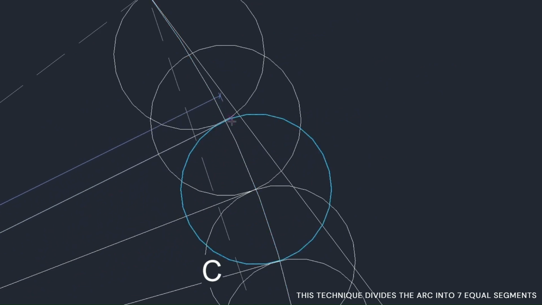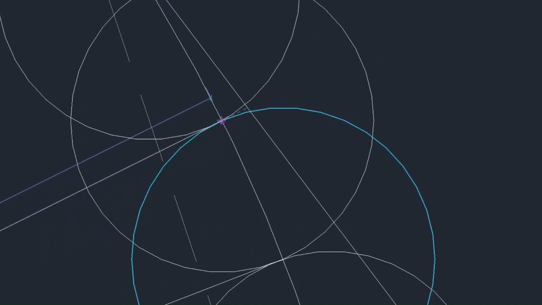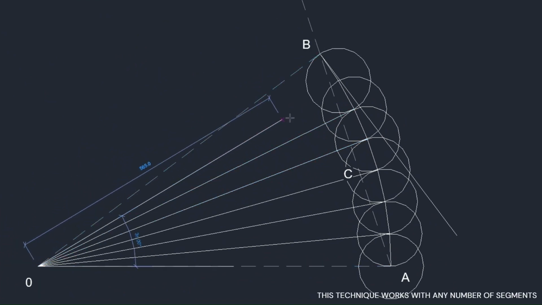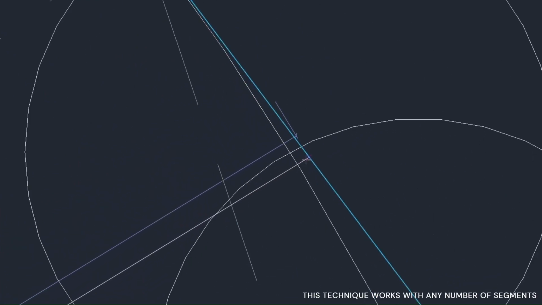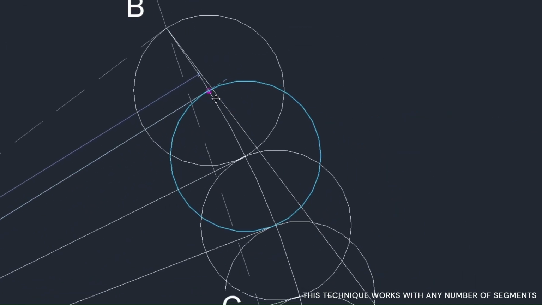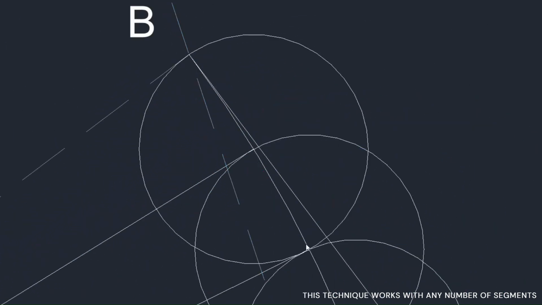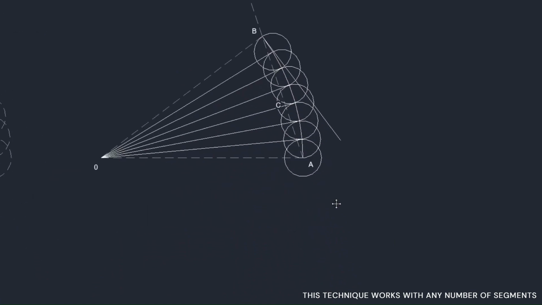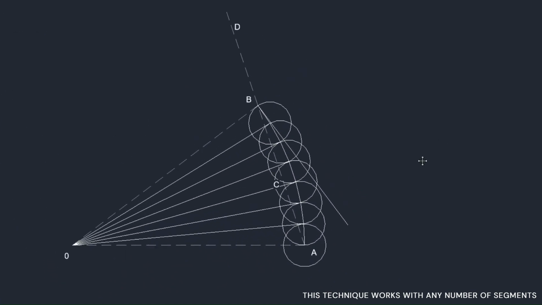So that method is a lot trickier than the other one. It requires a lot more steps, but the good news is that you can actually use that method for any number of angles. So I would recommend you to get familiar with this one.